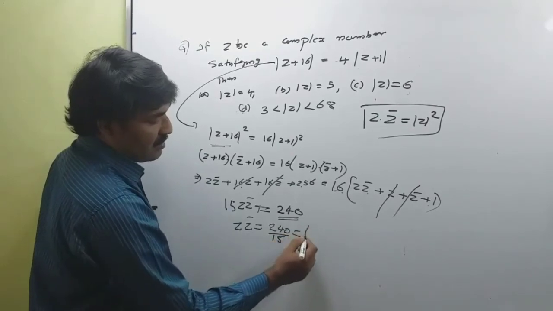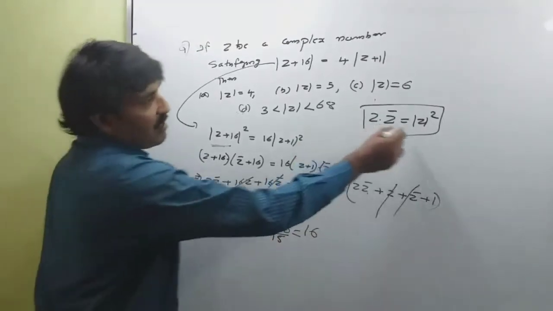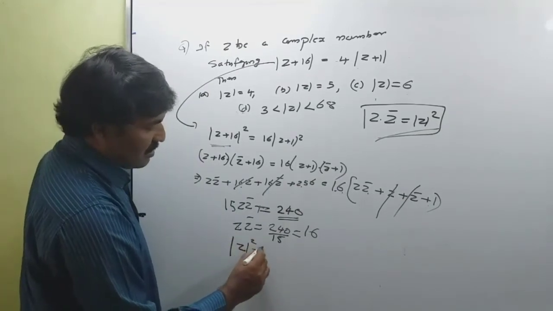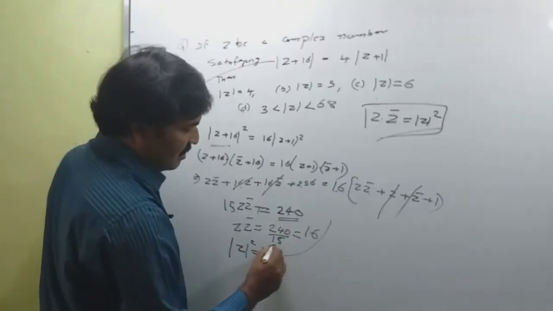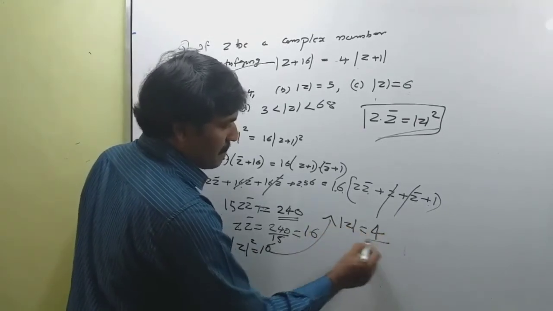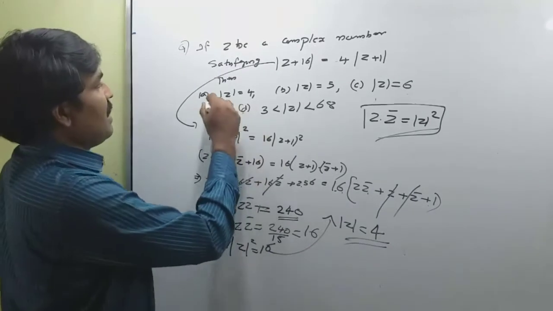This is equal to 16. Z z bar is equal to mod z square, that is mod z square is equal to 16. This implies mod z is equal to 4. So answer is A.